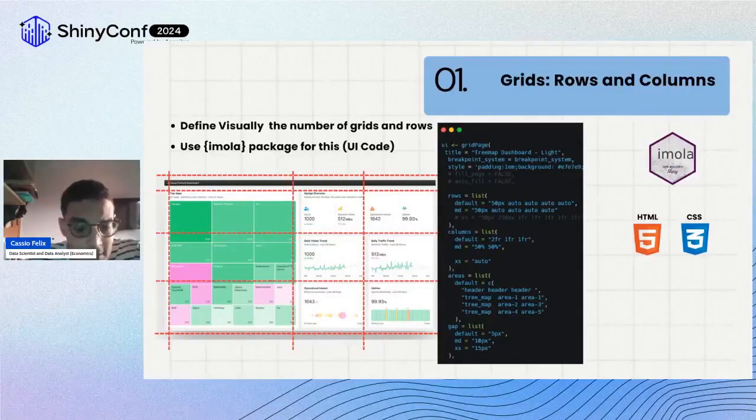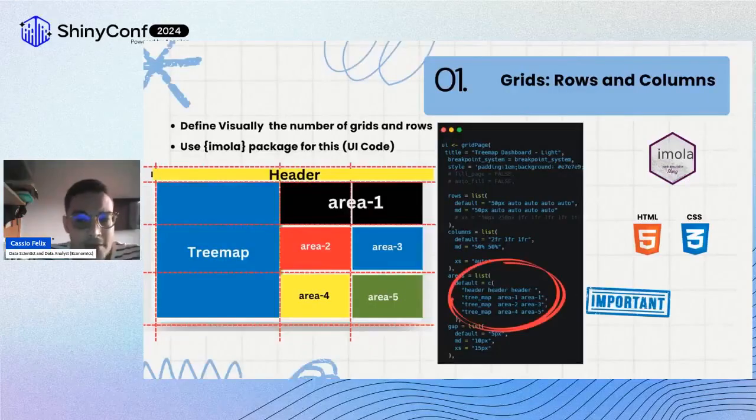There are important arguments that this package delivers, and it's very similar to the Shiny package. We start with a grid page function, and we define some important arguments. The most important arguments for me are the rows and columns arguments that define the size of our columns and rows. And as you can see, we can use pixels and other units to set the size of our columns and rows. But the most important argument for this moment is the areas argument.